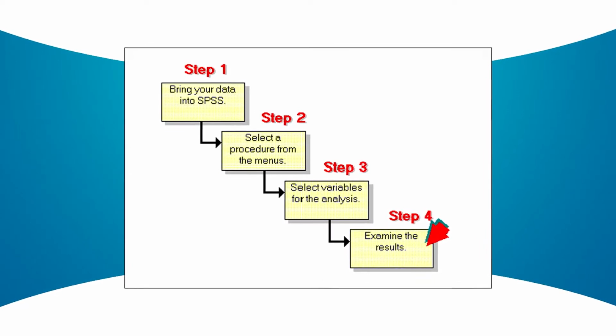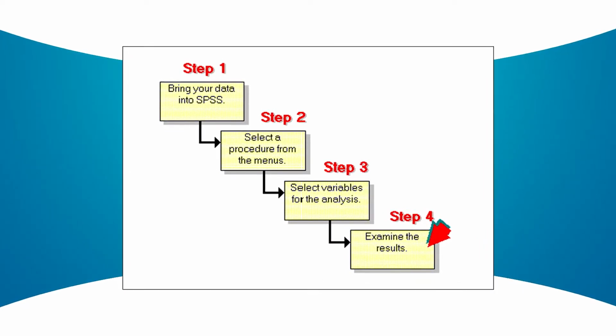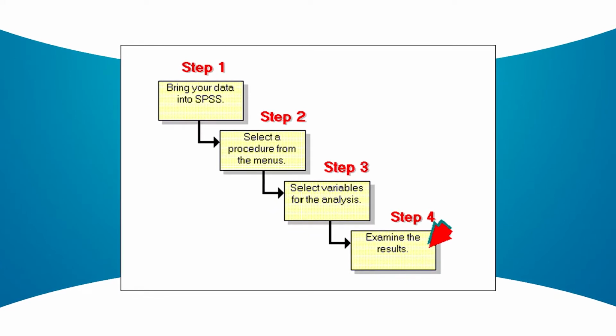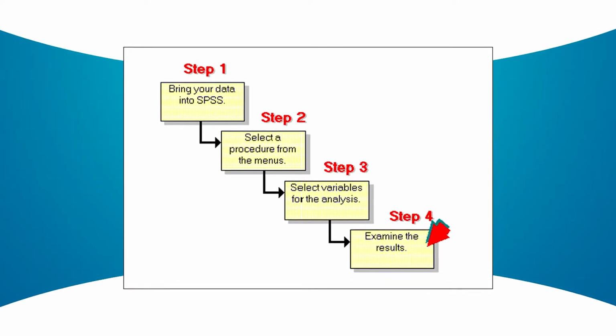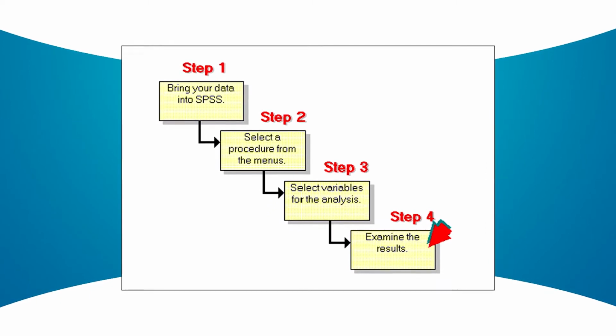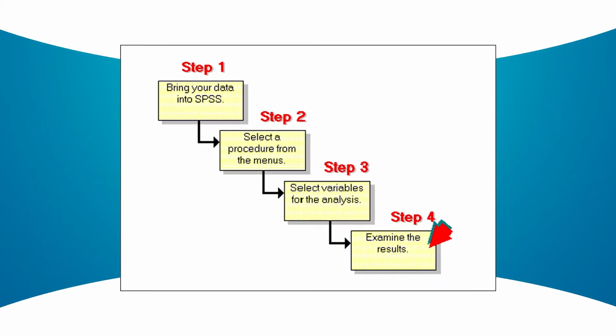Select a procedure from the menus to calculate statistics or create a chart. You can select a procedure to perform statistical analysis or to create high-resolution charts. Select the variables you want to use in the analysis. The variables in the data file are displayed in a dialog box for the procedure. Run the procedure and look at the results.